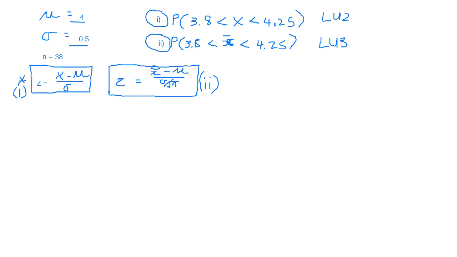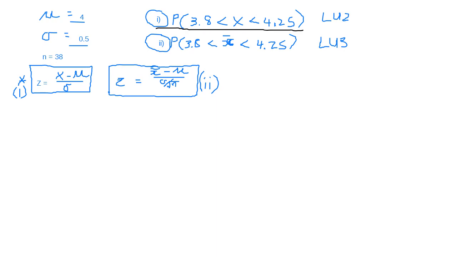So we know this is how we're going to standardize, and we'll use one of these formulas depending on whether we're dealing with x or x bar. From the last collab session, I showed you how to convert to a z. Let's deal with 1 first, the top one.